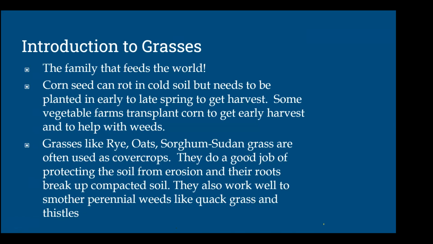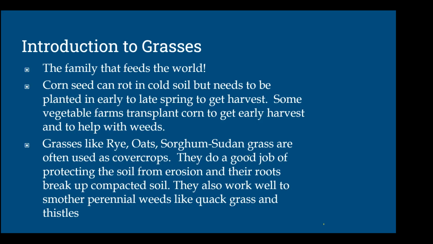And something about corn: the seed can rot in cold soil, but it does need to be planted in the early to late spring to get a harvest. Some vegetable farms do transplant corn to get an early harvest and to help with weeds. And then grasses like oats, rye, sorghum, and Sudan grass are often used as cover crops.